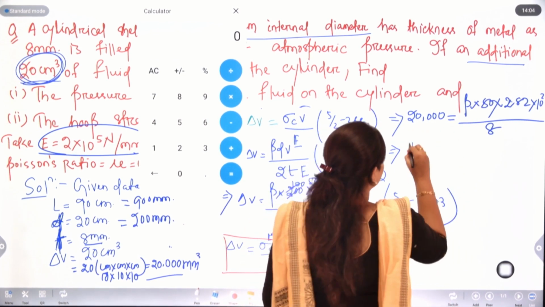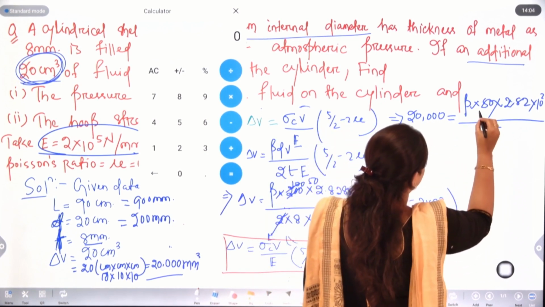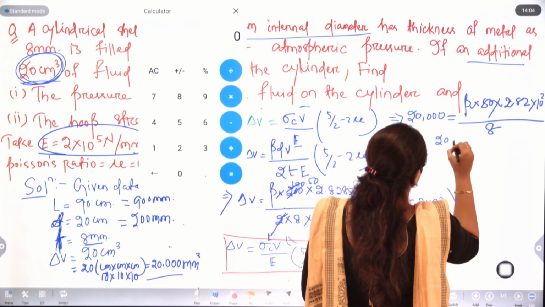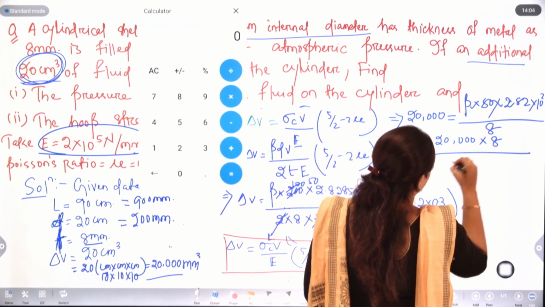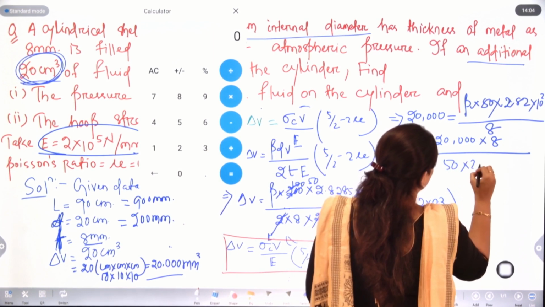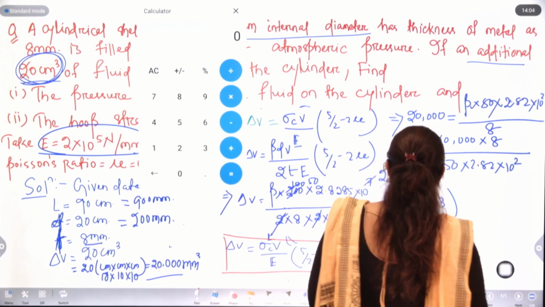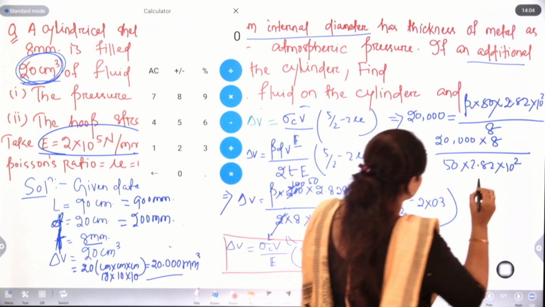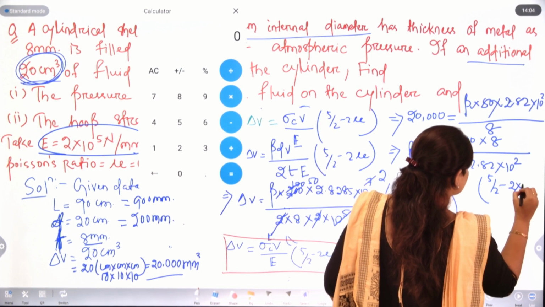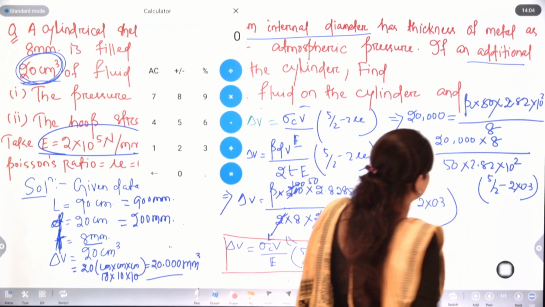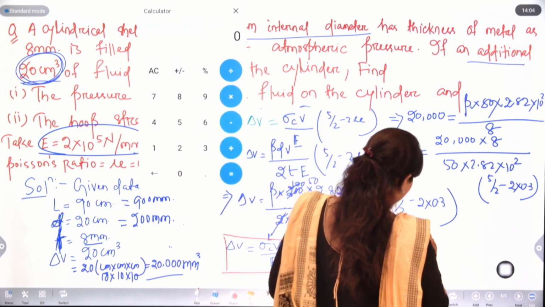Now by converting this P to this side, so what we left? 20,000 with 8. Next 50 into 2.82 into 10 square into 5 by 2 minus 2 into 0.3, right? So what will be our P value?